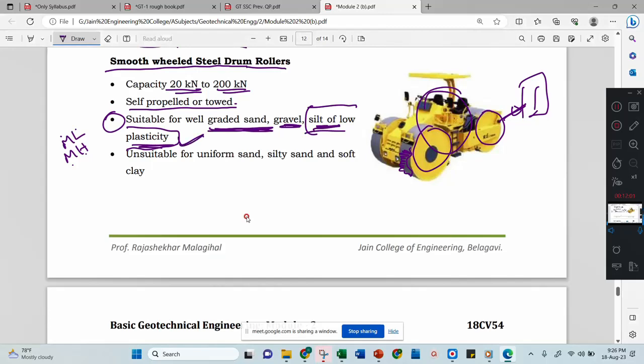Graded means well graded sand or well graded gravel. Unsuitable for uniform sand, silty sand, soft clay. If you read the suitable point perfectly, you can answer this one, because it is just the opposite.